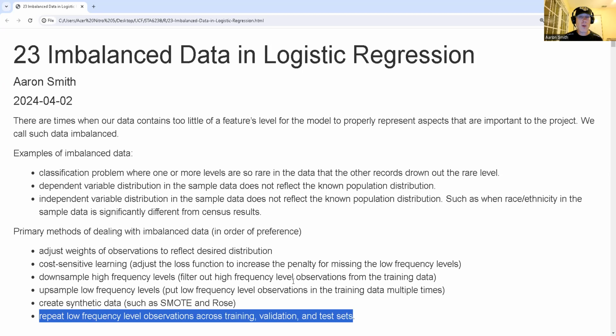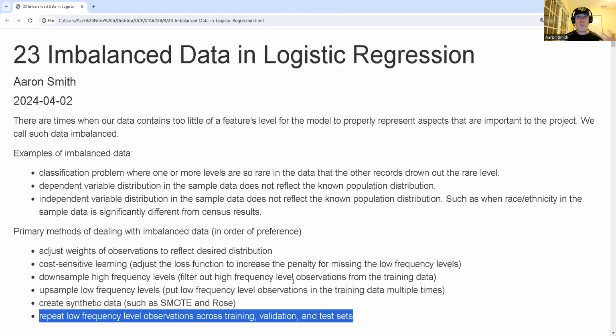Now, the next one is one that I have used when I was just desperate for data, when I had very, very sparse data on the low frequency observations. In that case, repeat those across your training, your validation, and test set. You shouldn't do that. It completely contradicts the idea of unseen data on validation and test, but sometimes we just don't have a choice.